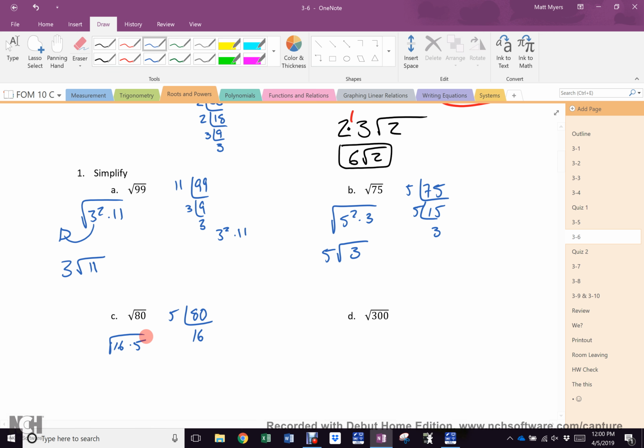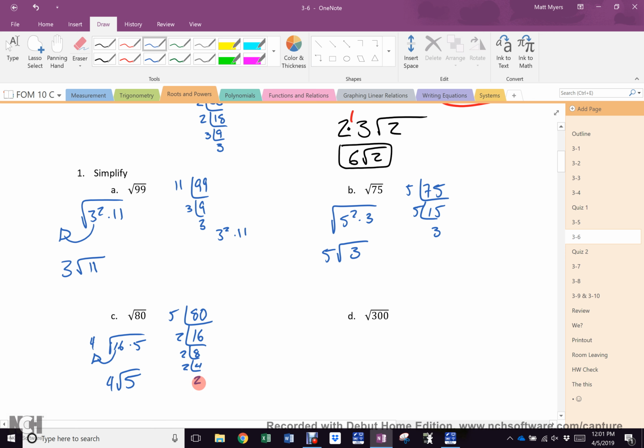Why? Isabel knows. 16, it has a perfect root. What is 16's root? 4. So what can come out? 4, leaving what under there? 5. Everybody cool? Now, if you do it the long way, will you still get the right answer? So we would keep breaking down 16, wouldn't we? 2, 8, 2, 4, 2, 2.